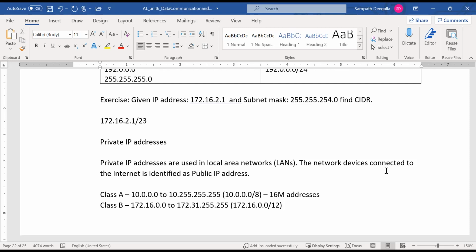So it's about 1 million addresses. We have 1 million addresses.